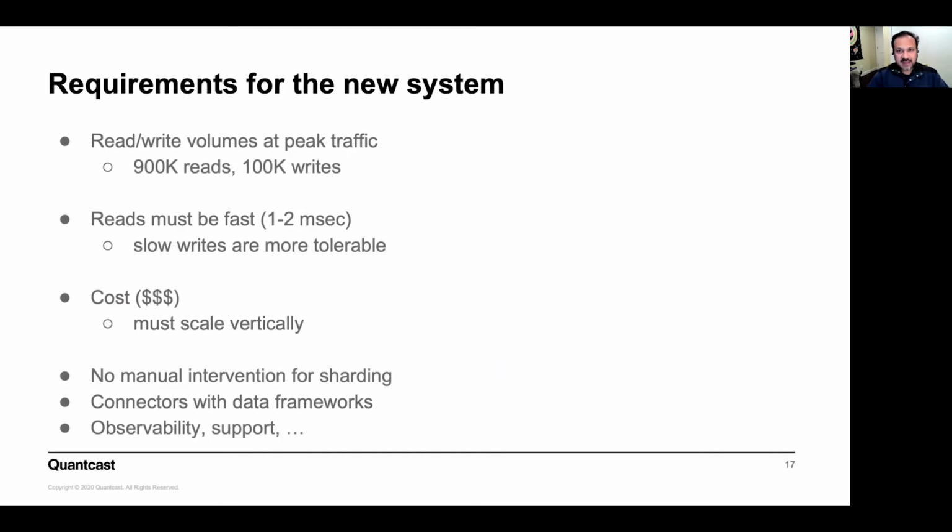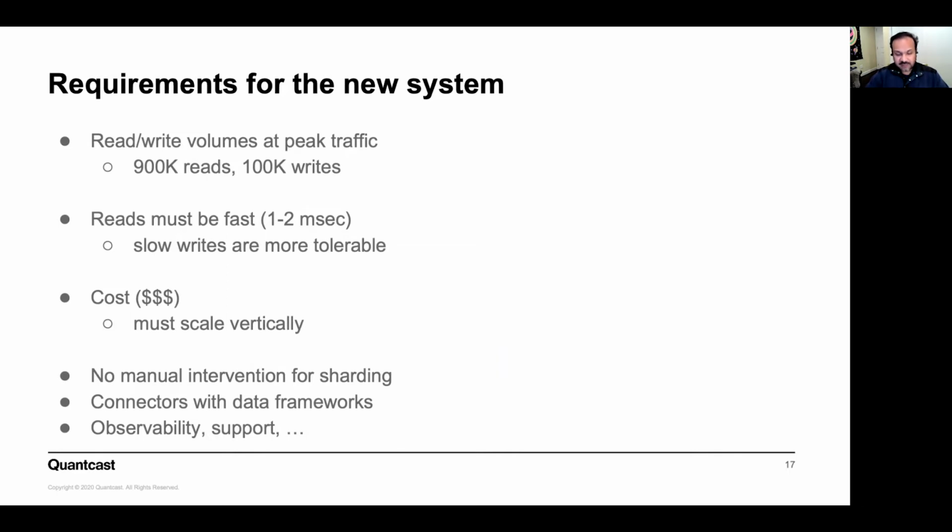So we decided to replace Keebler with something better, with something which was easier to maintain. We knew the requirements quite well: the number of reads and the number of writes it should be able to sustain. The cost was a big issue for us. We did not want to have something which would balloon out of hand pretty soon.